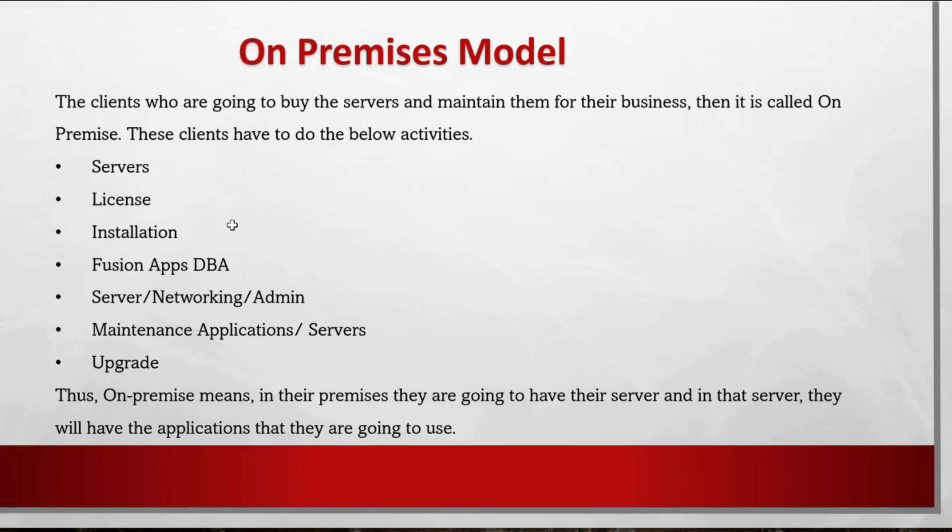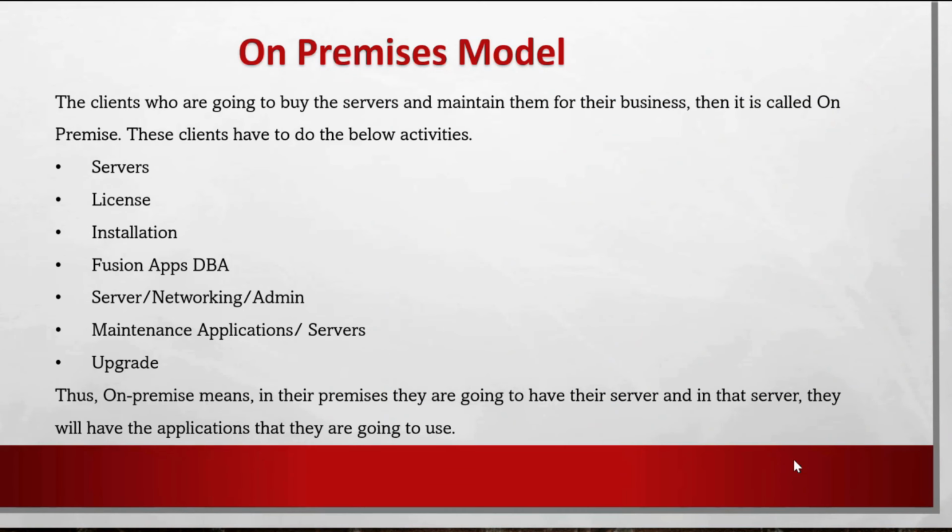So what are the servers? If any company wants to use any Fusion applications, they will first have to buy servers. These are nothing but the virtual servers which they will have to buy. Next, coming to license. Once they purchase the server, they will have to take the license from Oracle for the applications that they want to use.